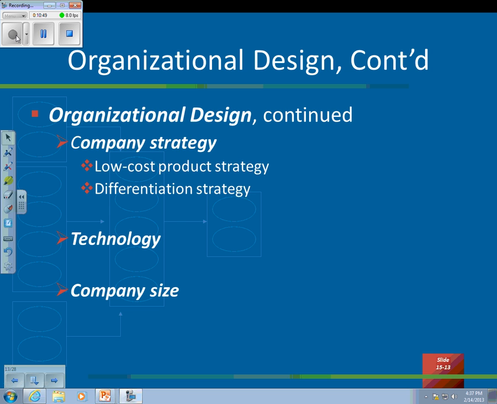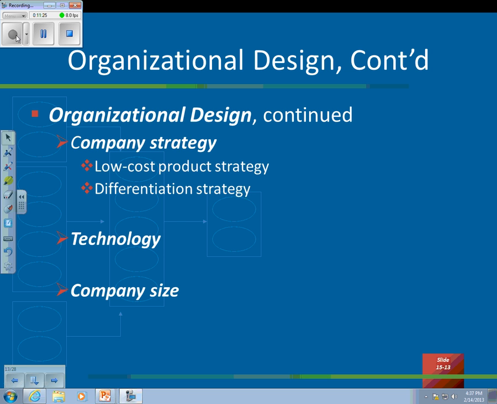Okay, so if the technology is routine, let's say we're Bama Pies and we are making biscuits for McDonald's, and the recipe has not changed in years. The only thing that has changed is demand. And so we would say that this is probably going to be based on a low cost product strategy with a very mechanistic kind of structure because it's routine technology.